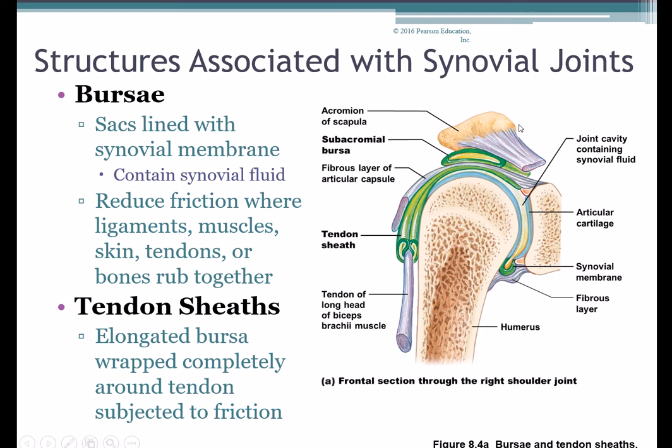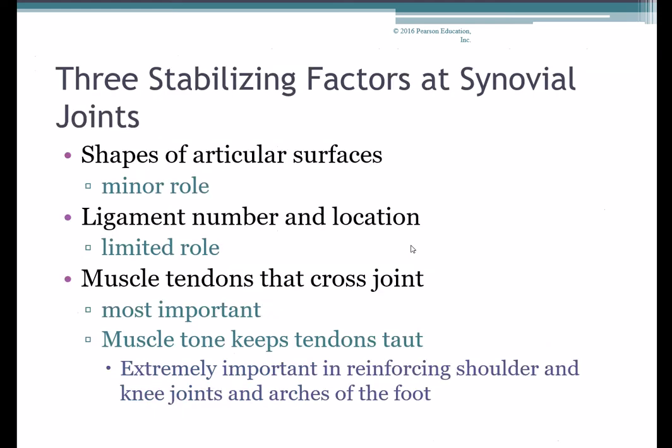We also have tendon sheaths like this one here. We're particularly going to find lots of tendon sheaths around joints where there are lots of muscles crossing over the joint, like here in the shoulder joint. Essentially, a tendon sheath is just an elongated bursa that's been wrapped completely around a tendon, and again just helps us reduce friction so we have nice smooth movement around our joints.